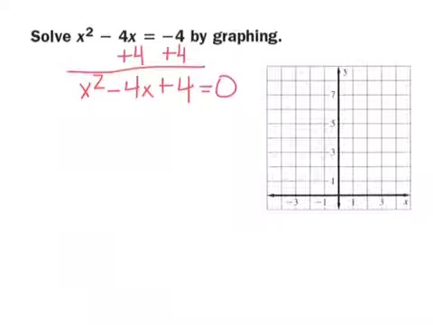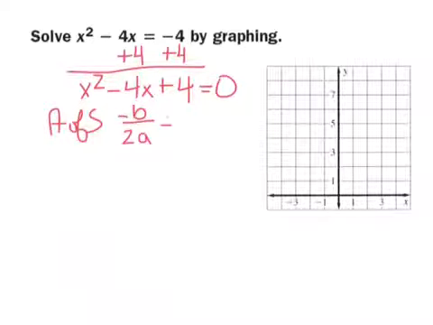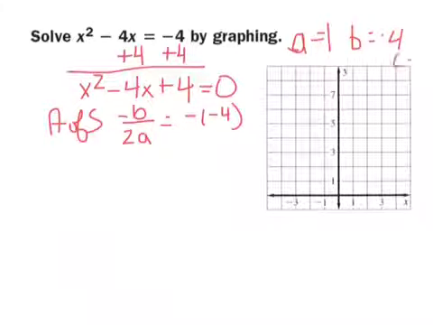I'm going to look at this equation, and you should see that it has that middle term, the -4x. So I have to use that axis of symmetry method. Remember, to find that axis of symmetry, we use the formula -b over 2a. If I identify my parts, which I forgot to do, sorry, my a term is 1, my b term is -4, and my c term is +4.